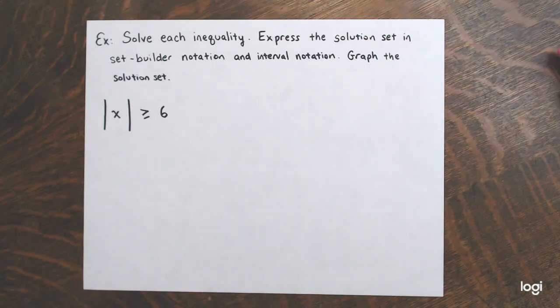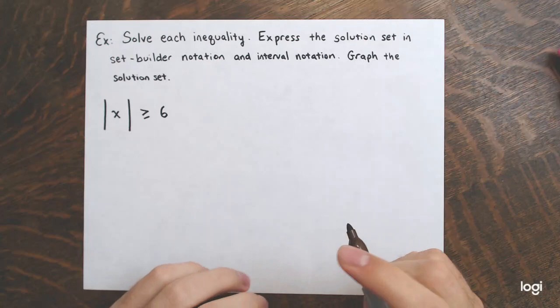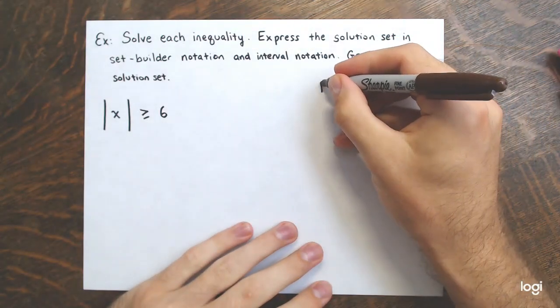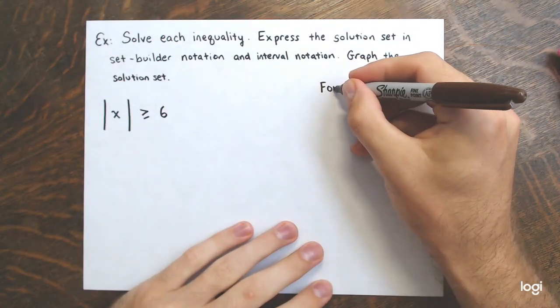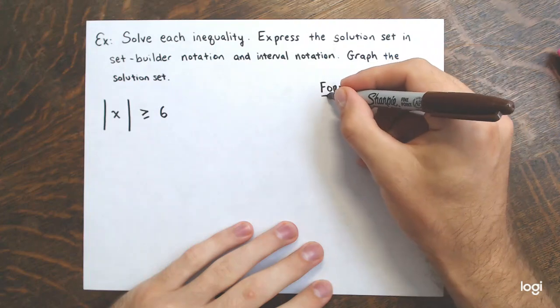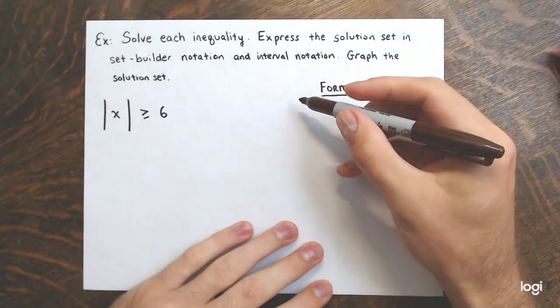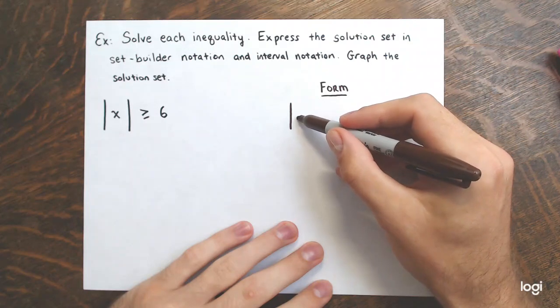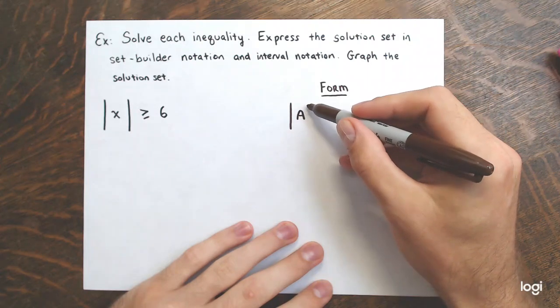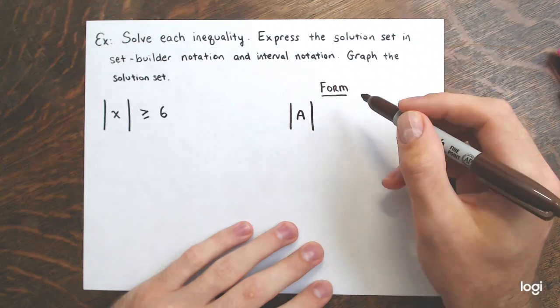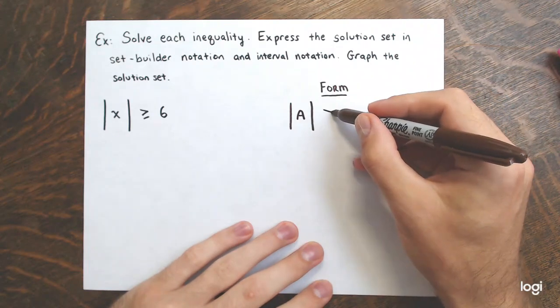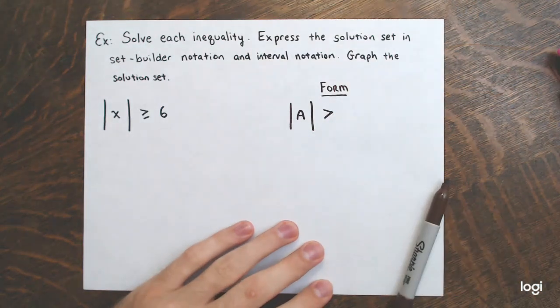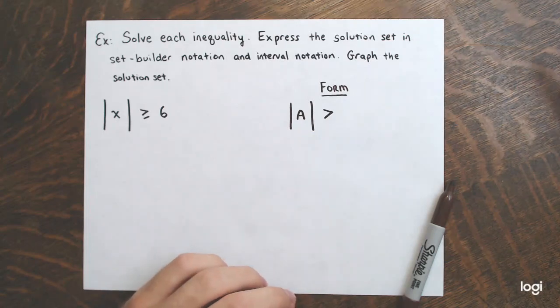Okay. So in each of these, we're going to be taking a look at inequalities of this form, where we're going to want to put all of the inequalities we see in the following form, where I have the absolute value of some expression, which I'll call A, on one side, and then is greater than or is greater than or equal to.